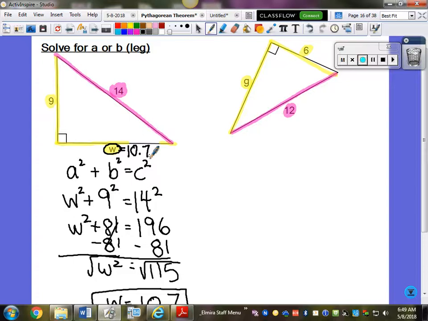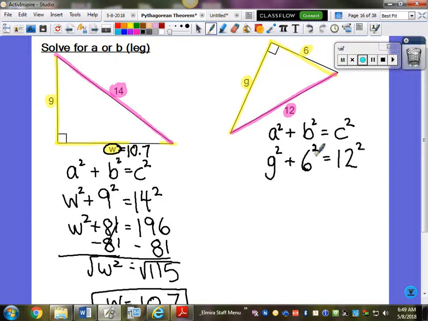Okay, and our last example on this page. Our C is 12. I always like to start with a variable. 6 squared is 36, and 12 squared is 144.